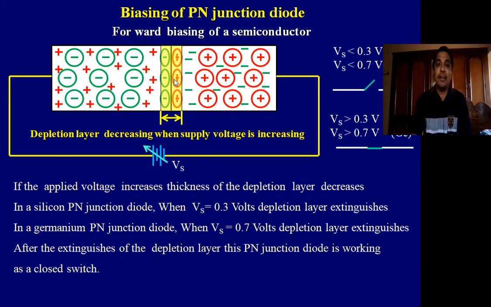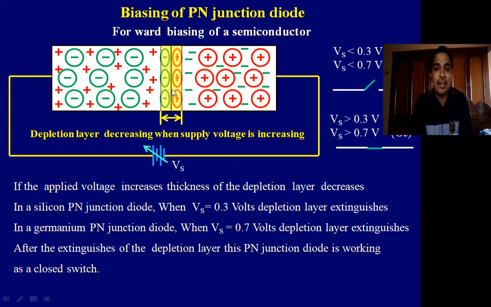So in forward bias, what happens if you give sufficient voltage such that this barrier is completely removed? That minimum voltage you call the cut-in voltage, right?